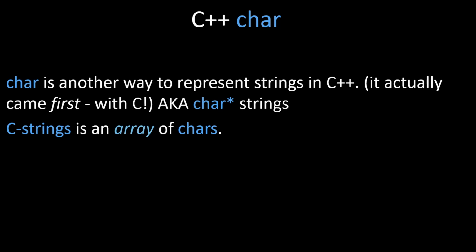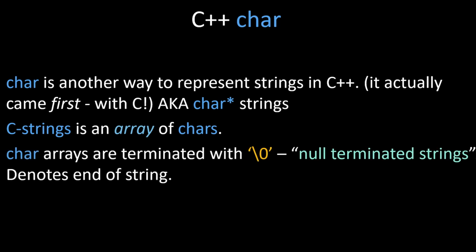A C string is an array of chars, or an array of characters. Character arrays are terminated with the null character, and null terminated strings denote the end of a string. This is a very important thing. We're going to look at it in a little more detail as we continue.